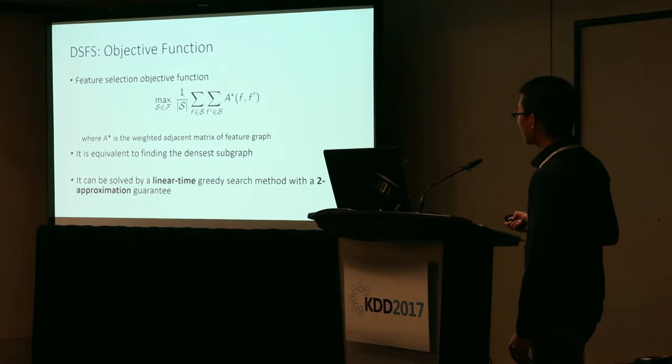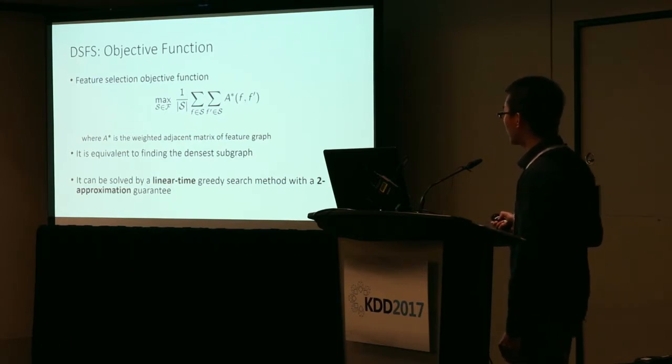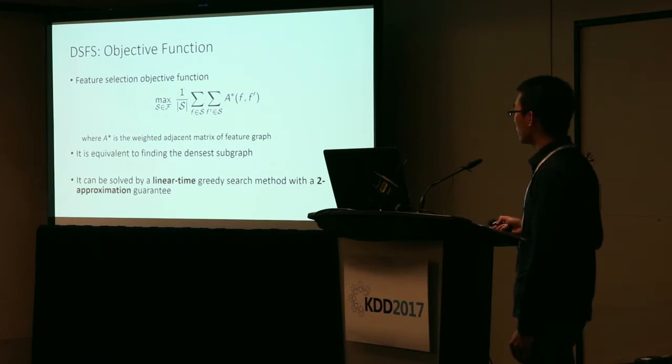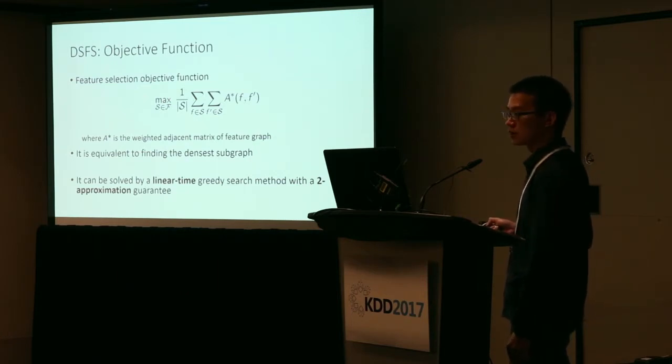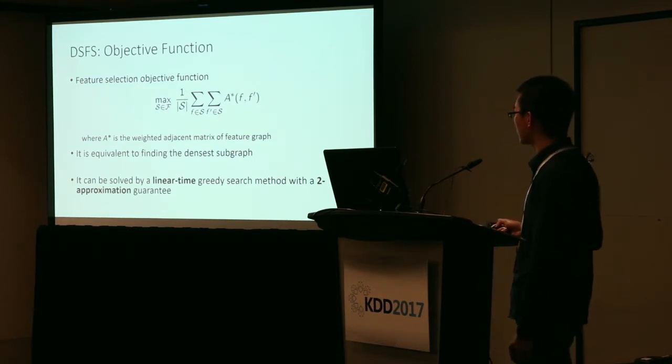After obtaining the feature graph, we design this objective function. The objective function basically says that we want to find a subset S that maximizes the average outlyingness of any pair of features in this feature subset. It is a common way, and also a popular objective function in general feature selection, I mean feature selection for classification or clustering.